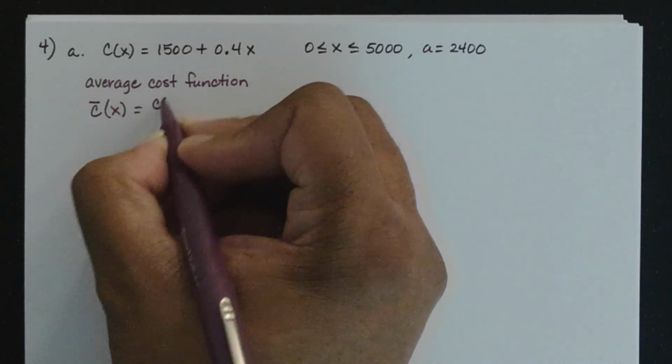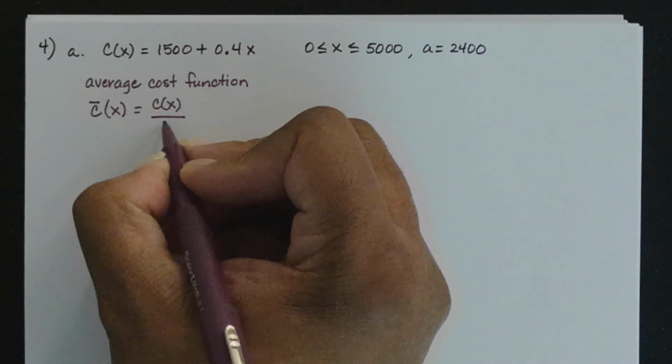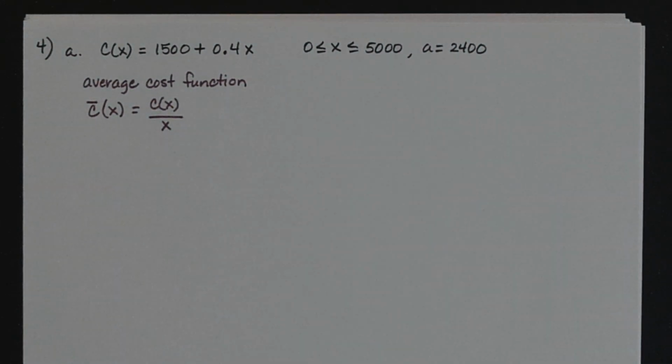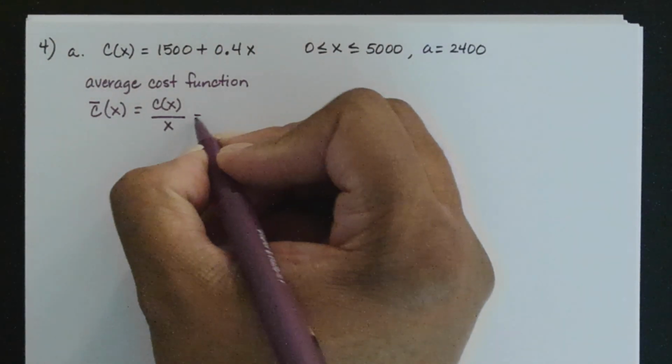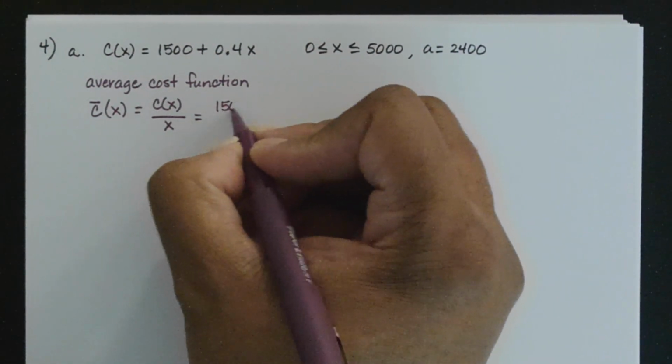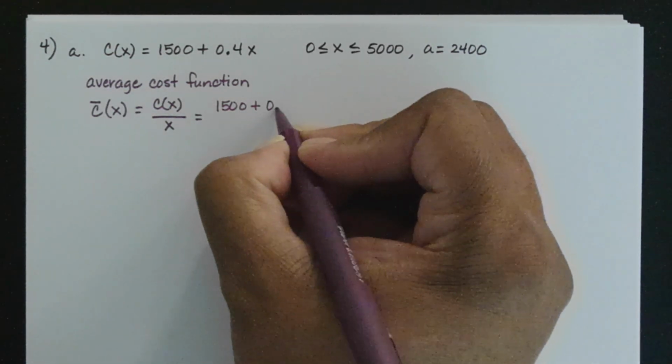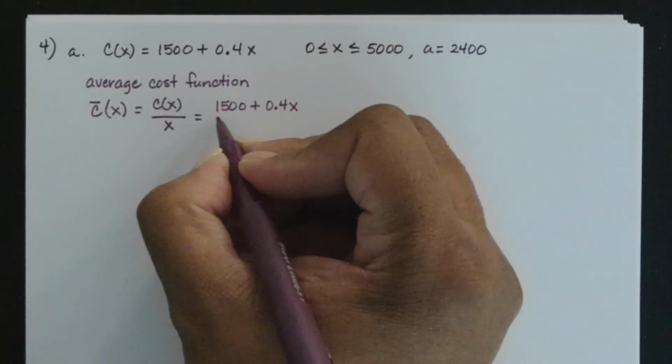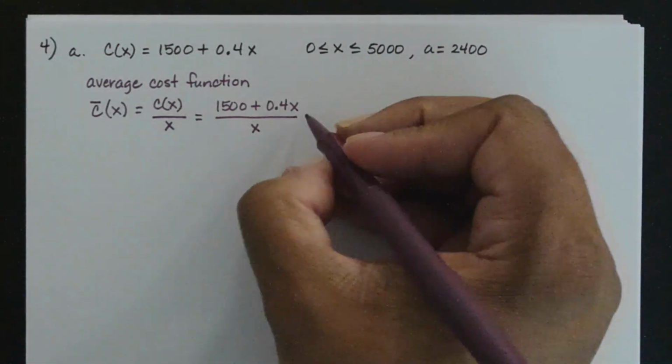And c bar of x is defined as the cost function divided by x. So here we got 1,500 plus 0.4x, which is what c of x is, divided by x.